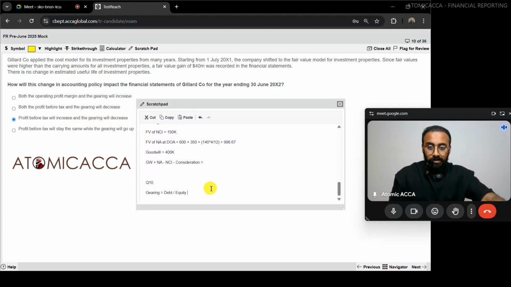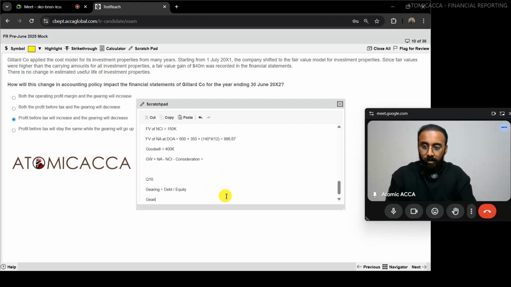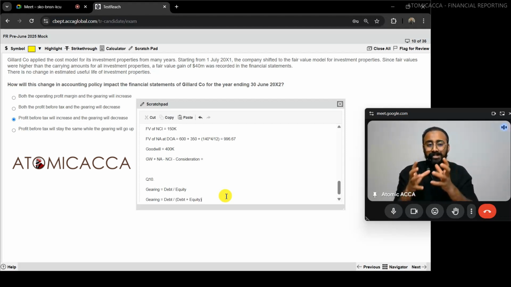So this can be one explanation of how we can say that gearing will decrease. Another explanation is that gearing has an alternate formula. Gearing is equal to debt by debt plus equity. Now, debt plus equity can also be called capital employed, the denominator only. Capital employed has an alternate formula: non-current assets plus current assets minus current liabilities.